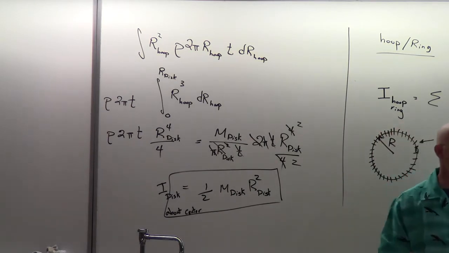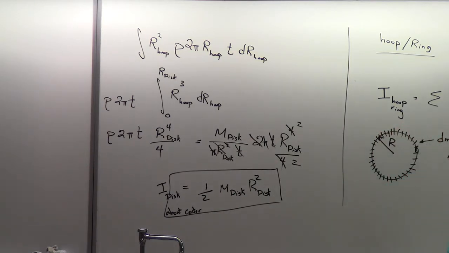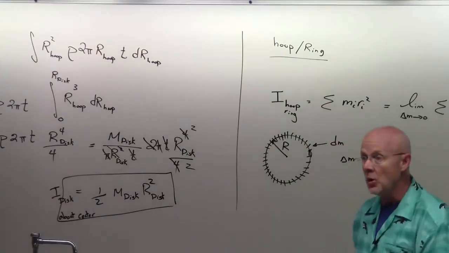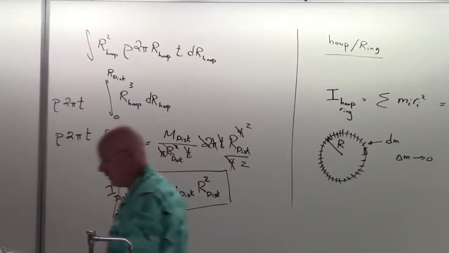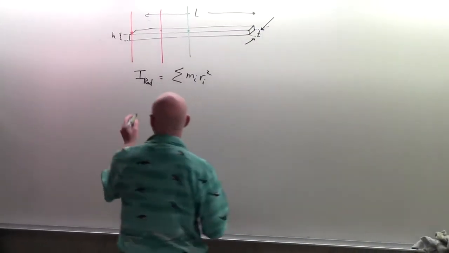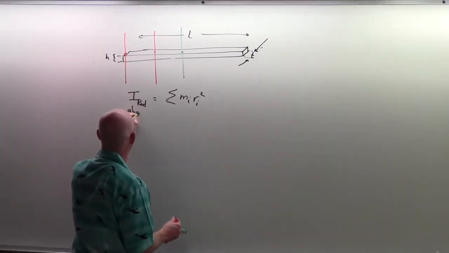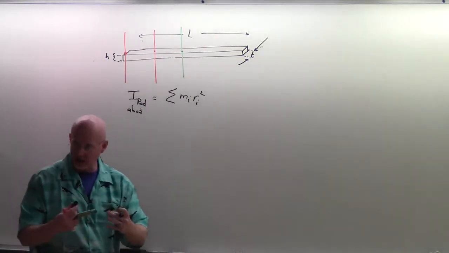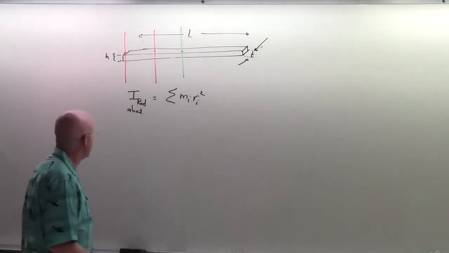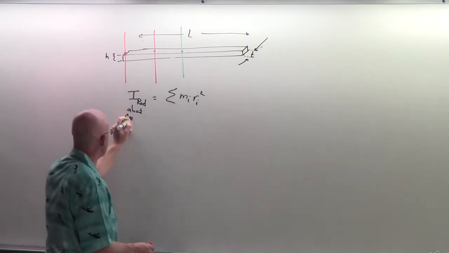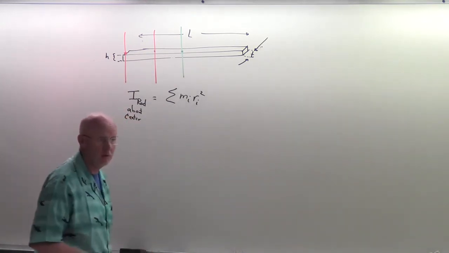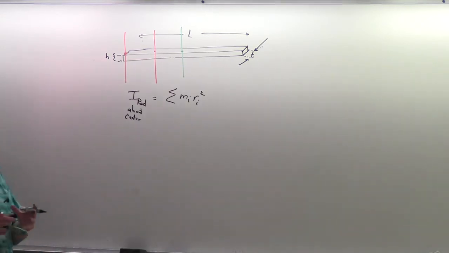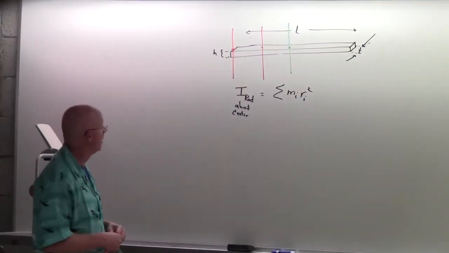And I didn't make a big deal of it at that time because we had enough to learn already. But I need to come back and emphasize that when you say, what is the moment of inertia, you have to, in addition to say, what is the shape of the object? A hoop, a cylinder, a rod. You also need to be saying it's about what point. Because you will get a different number if you do it around its center or around its end point.